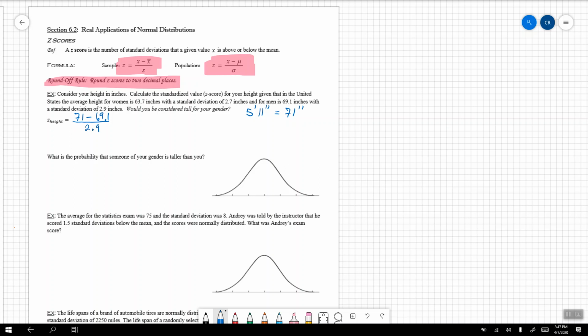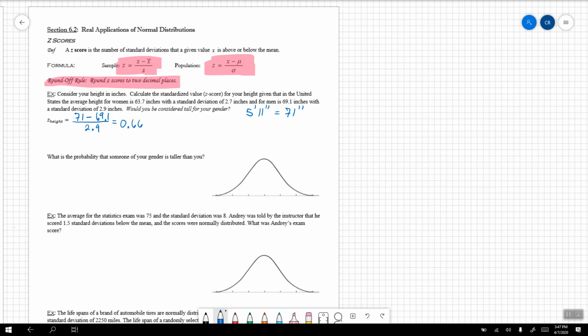So all I do from here is just put this into the calculator. 71 minus 69.1, and then you divide by 2.9. And again, z-scores, 2 decimal places, I get 0.66.